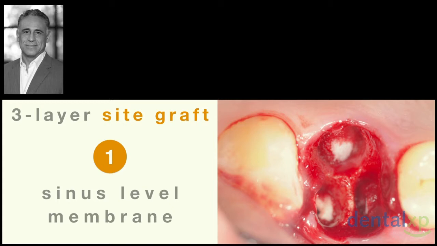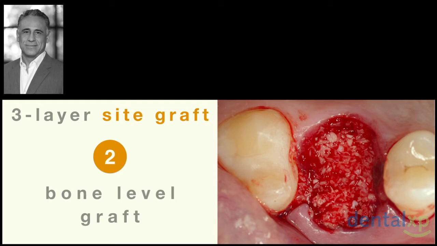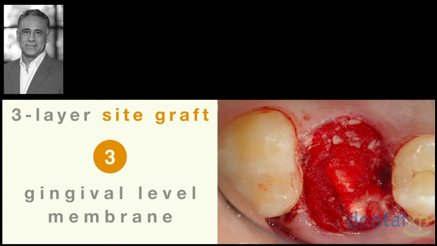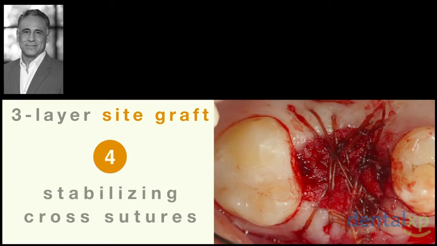The first part of this procedure is a sinus level membrane. Whether you use a collagen material or a membrane, we're going to plug the sinus level. Second stage is bone level grafting with a particular bone graft. Next, we put a gingival level membrane, and then we put some sutures to stabilize the entire complex.